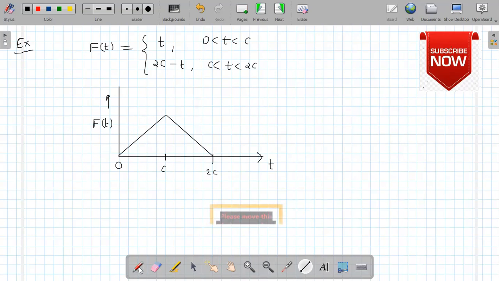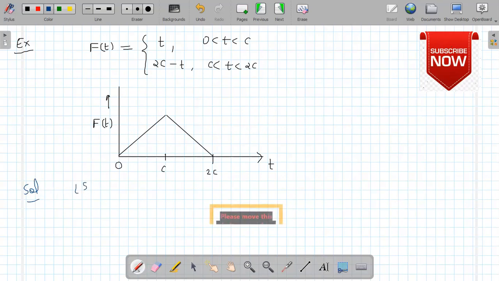You can see the function is repeating its value after 2c. So the period of the function is 2c here. We solve it.